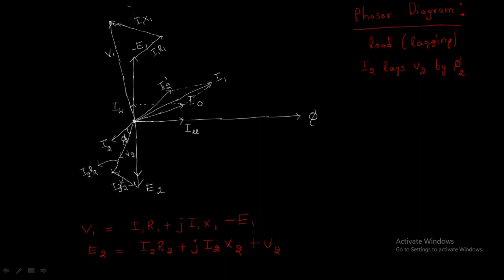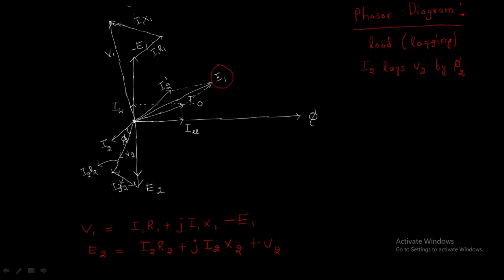Then the combination of I2 dash and I naught will give I1, so finally we get the primary current like this. To write the primary current, first you have to make the load things. The load things are V2 as well as I2. That's why you will get the I naught here.